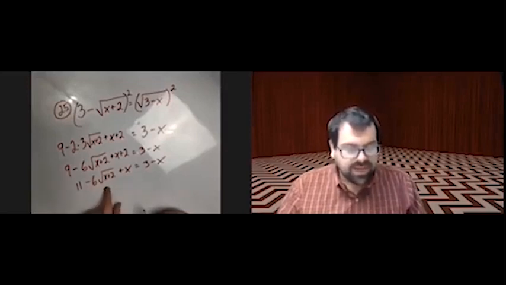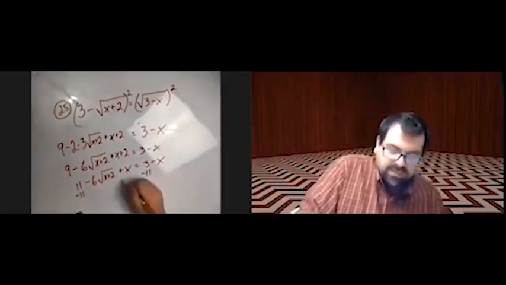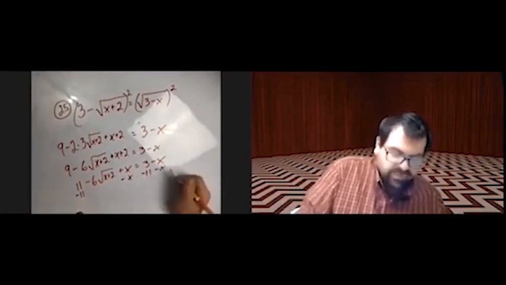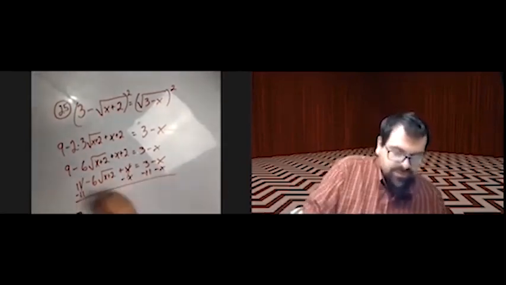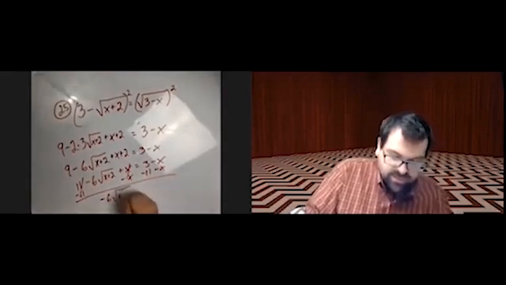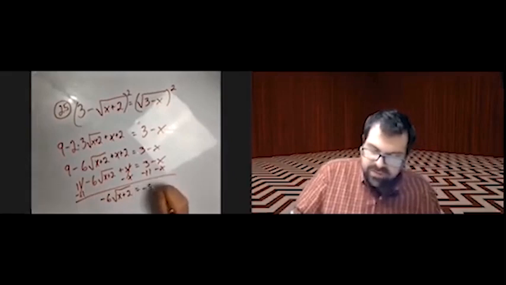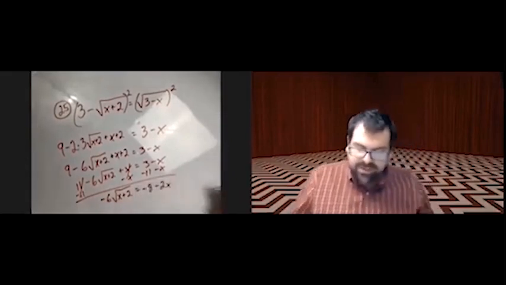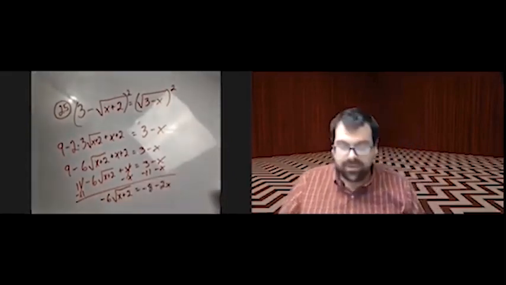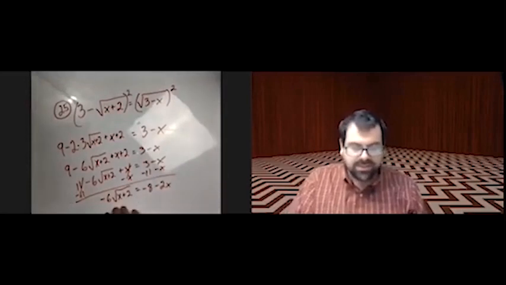Let's get this radical by itself. I'm going to subtract 11 from both sides. I'm going to subtract x from both sides. That's going to give me negative 6 radical x plus 2 equals negative 8 minus 2x. And now I can square both sides.